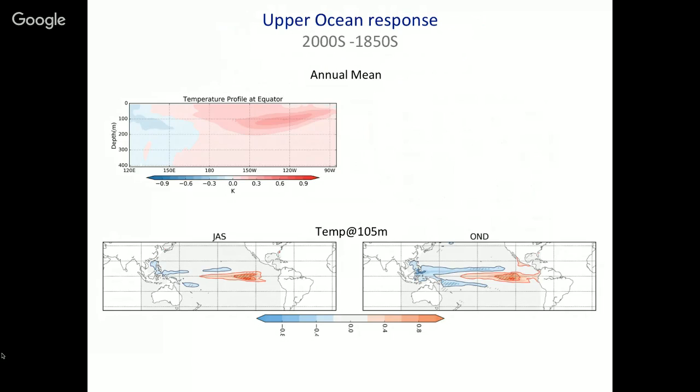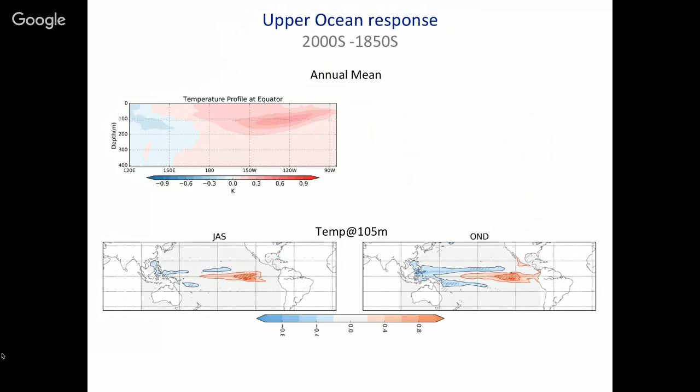We can also look at the spatial response in the ocean temperature at 105 meter depth. I'm showing it for two seasons, JAS and October, November, December. And you can see that there is a significant response even in this region, which becomes stronger from this to that. This is all the first year.